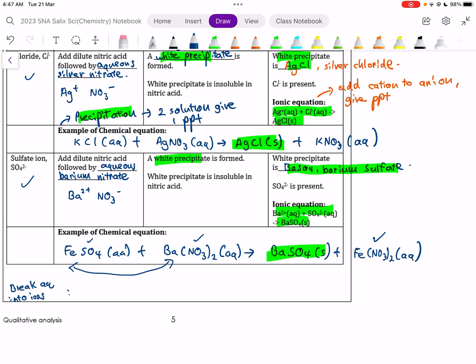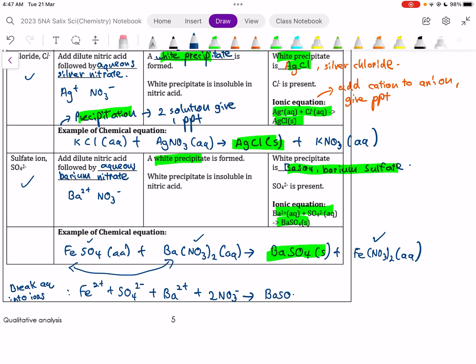So I will write Fe2+ and SO4 2-, which means you have to be quite good with the formulas of ions as well. Ba2+, then 2 NO3-, you have 2 nitrate.